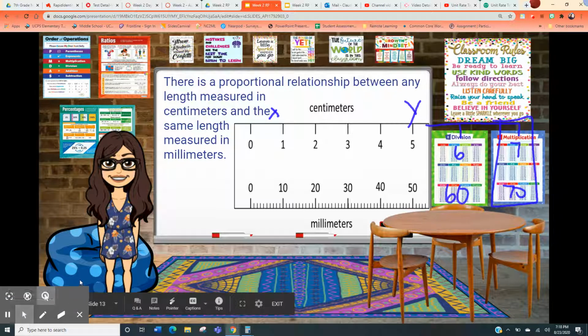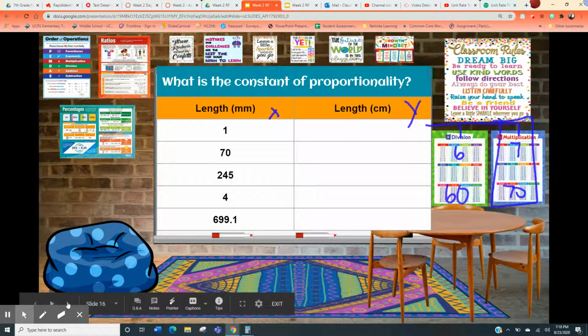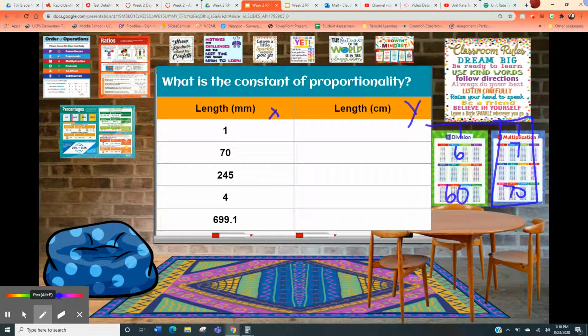So let's go ahead and go back to our table. And I kept this over here so I wouldn't forget. So for every 70 millimeters, it was 7 centimeters. I'm going to go ahead and erase this part over here because I don't need it anymore. But I do need to figure out how many centimeters per every 1 millimeter.